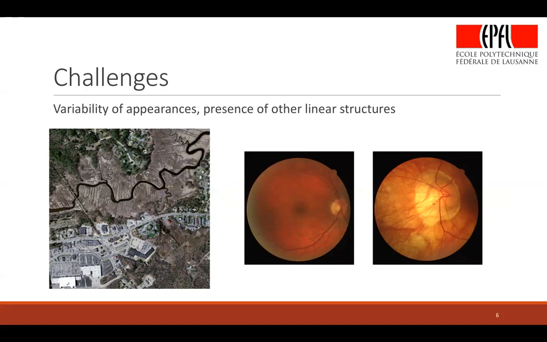Our algorithm should be flexible enough to deal with all those kinds of appearances, but also it should be able to filter out line-like structures that we are not interested in. For example, on the left, you can see that we have some river, and it may look like a road, but we are not interested in detecting rivers. So our algorithm should be able to discard those detections.